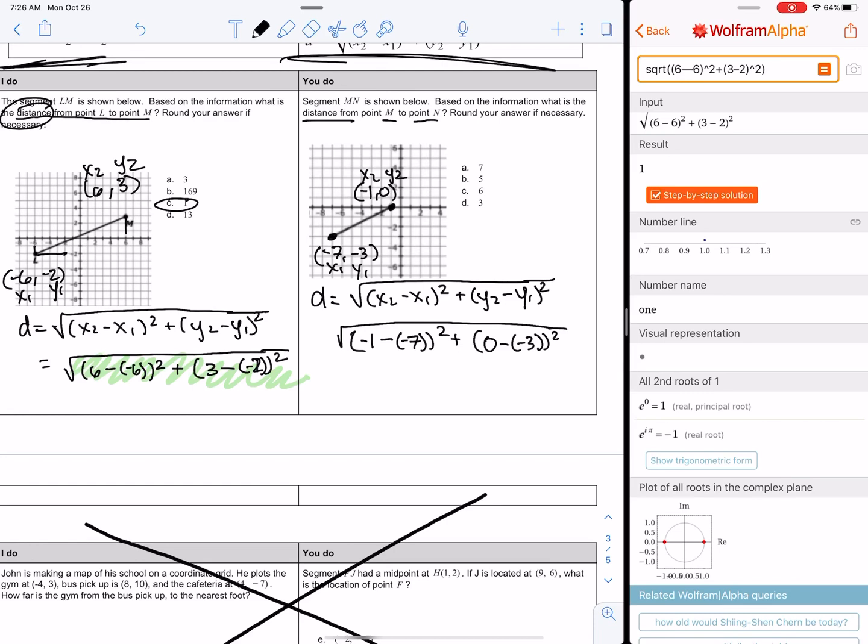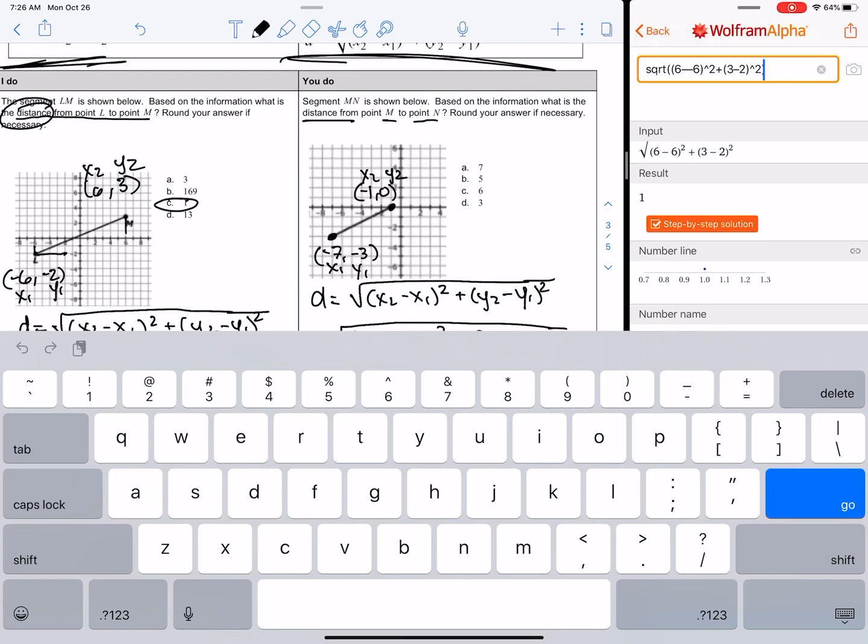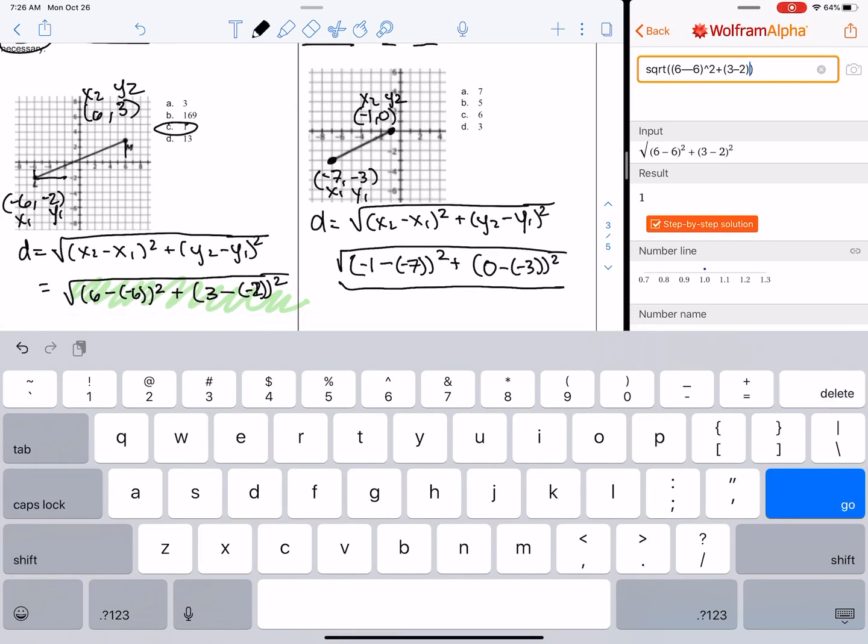So then plug this into Wolfram Alpha, and what do you get? Let's see what we get. Alright, so you should have taken the question already. Let's see if you were right. So -1 minus -7, squared. Now, it really does depend on how you put stuff in, so you have to be very careful on how you put the equation in, because if you put it in wrong, it will give you a wrong answer, honestly.